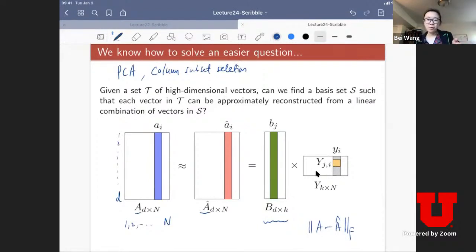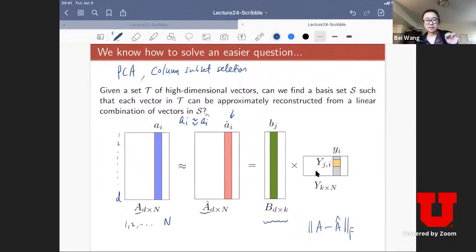So that's one way to think about it. Let's say A hat is an approximation of A. What does that mean? That means a column of A hat, which is a_i hat, the hope is that they are roughly approximating the columns of A. But how do I get A hat?